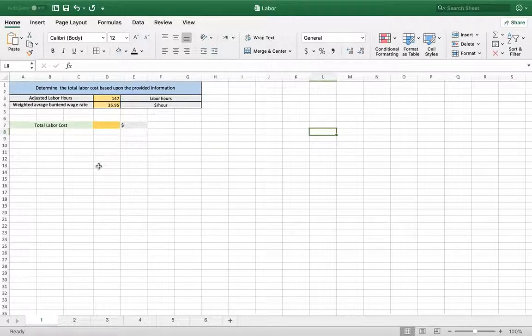And this question gives us adjusted labor hours equal 147 and weighted average burden wage rate equal 35.95.